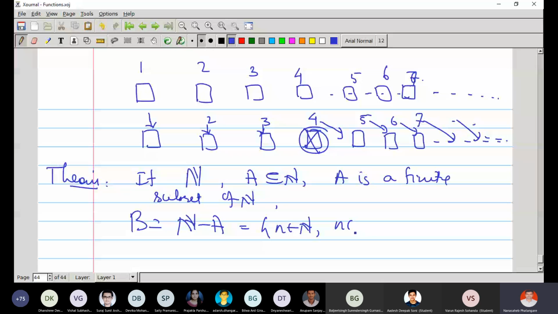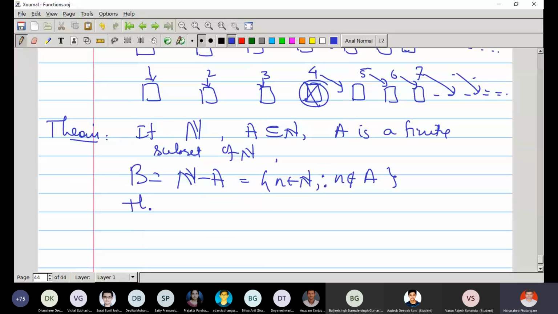Not in A, that means remove elements of A. Then there is a bijection from N to B.